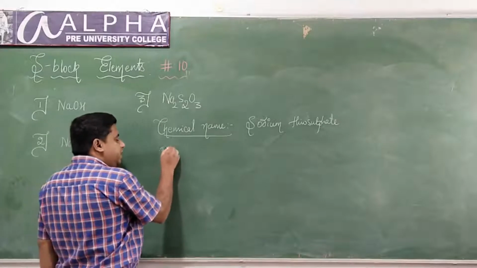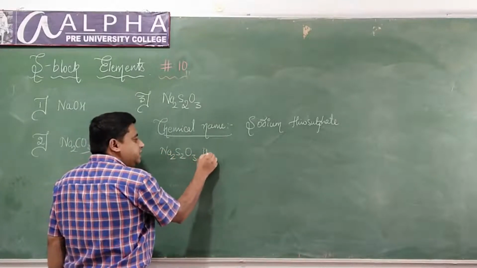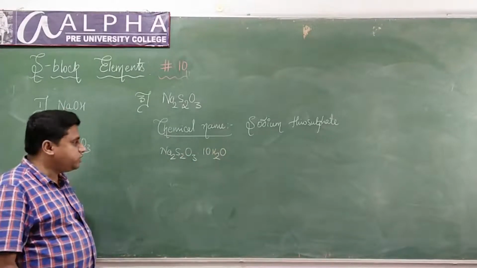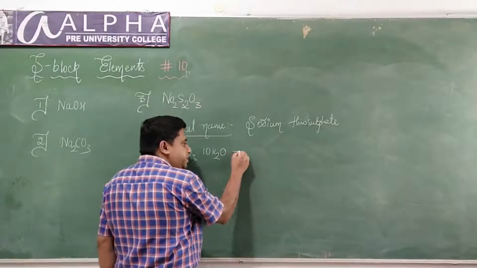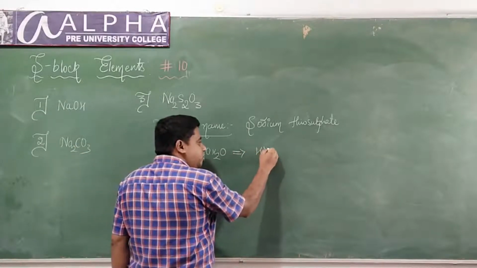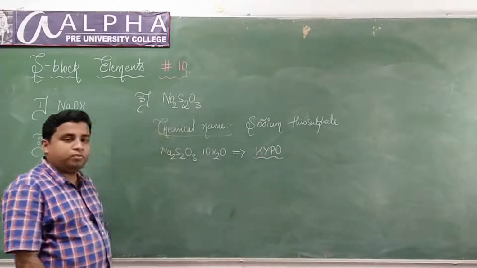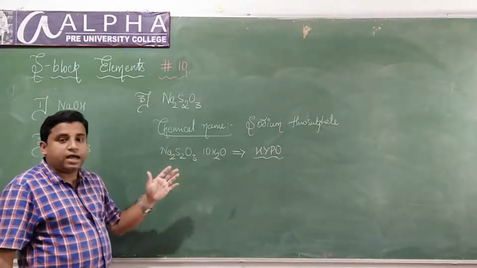But when Na2S2O3 is associated with 10 water molecules, that means hydrated sodium thiosulfate has been given a special name. The name of this compound is hypo. Hydrated sodium thiosulfate is called hypo.